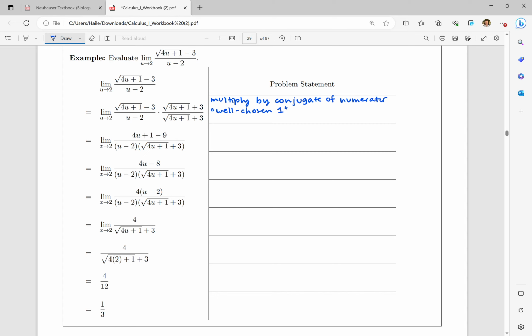So we're just going to FOIL the numerator and leave the denominator factored, so we can cancel at the end.